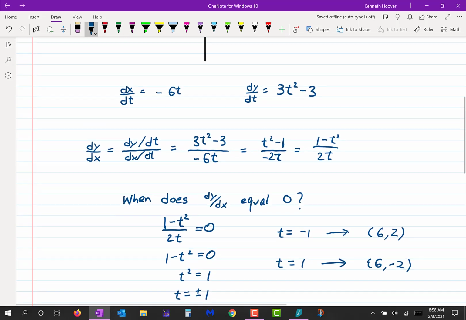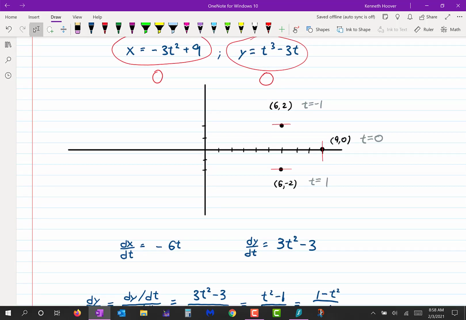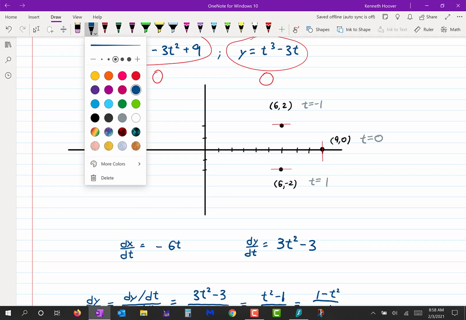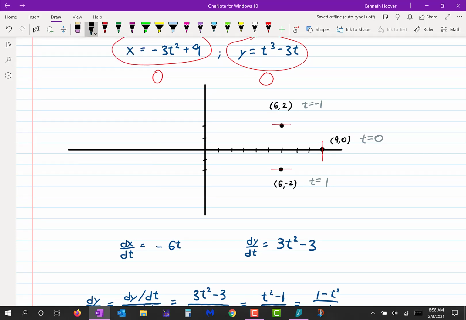Let's put that in a graph. Okay, that's the point 0, 0. And that happens when t equals negative square root of 3.